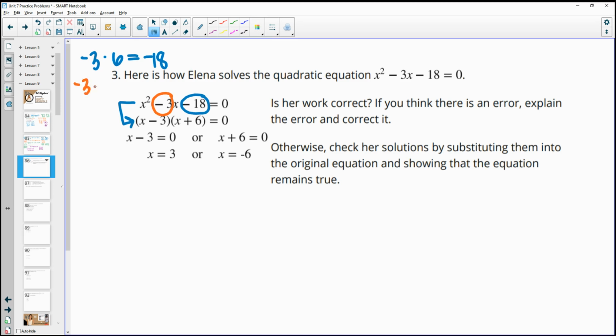So the negative 3 plus 6 needs to add to negative 3, but negative 3 plus 6 adds to positive 3. So that's where she went wrong. Okay, so her signs are wrong.